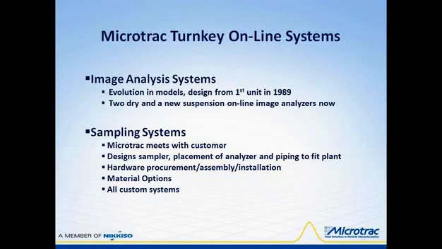Material options include mild steel, stainless steel, titanium, and special epoxies or other durable surface coatings for harsh environments. And to date, all sampling systems installed have been custom engineered by Microtrac.